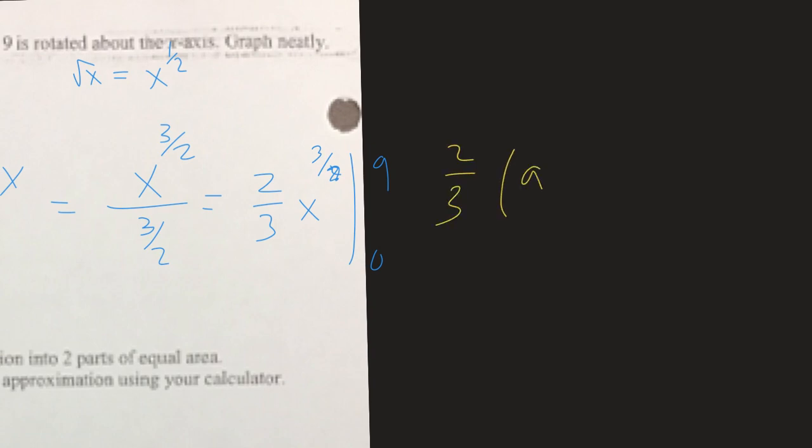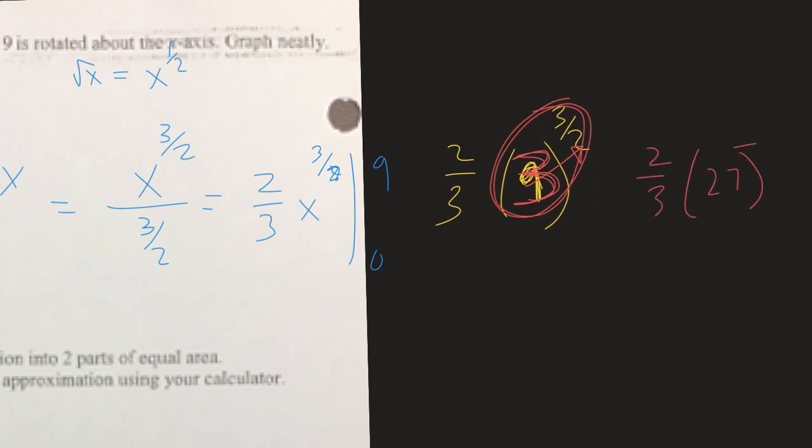2/3 of 9 raised to the 3/2 power. Let's do this systematically. What is 9 raised to the 1/2? The square root of 9 is 3. 3 cubed is 27. 27 divided by 3 is 9. 2 times 9 is 18.